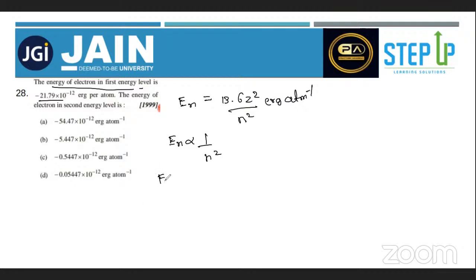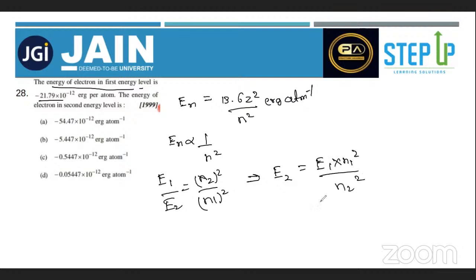So I can write that E1 upon E2 is equal to n2 upon n1, whole square. I need to find the energy for the second level, so E2 will be equal to E1 times n1 square upon n2 square.